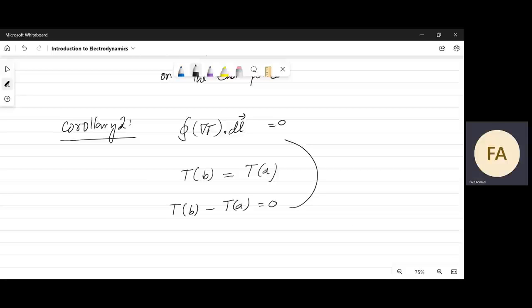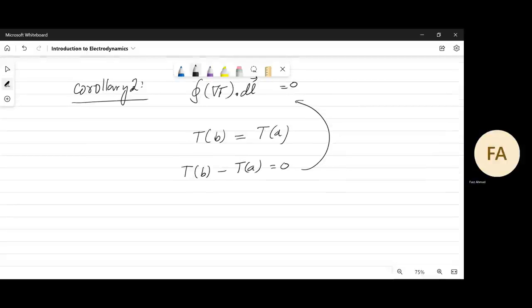So this is the right side. So the closed loop integral of the gradient is 0.